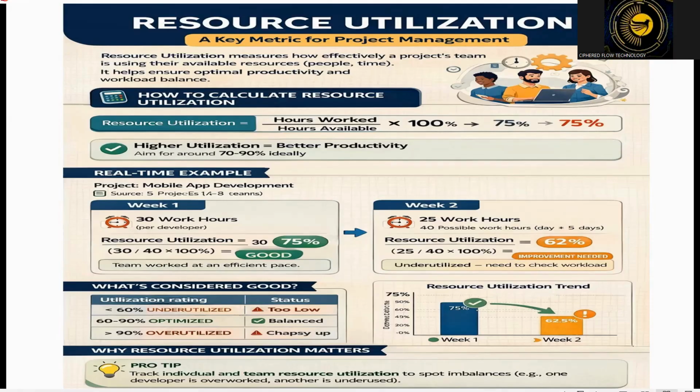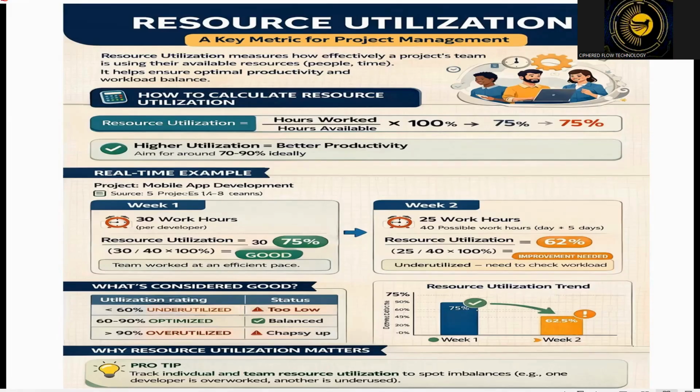So let's say a developer is available for a particular week for 40 hours, taking 8 hours per day, and actual productive hours are 32. That means 32 divided by 40, and if you take the percentage, it will come as 80%. So the resource utilization for that particular week was 80%.